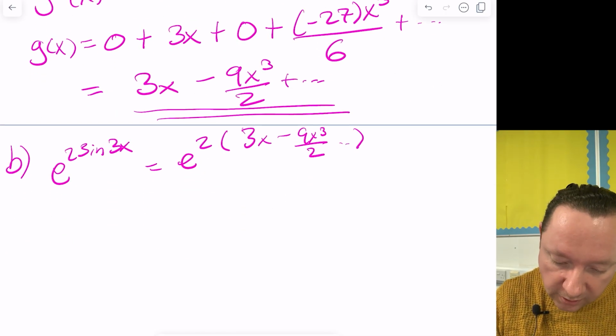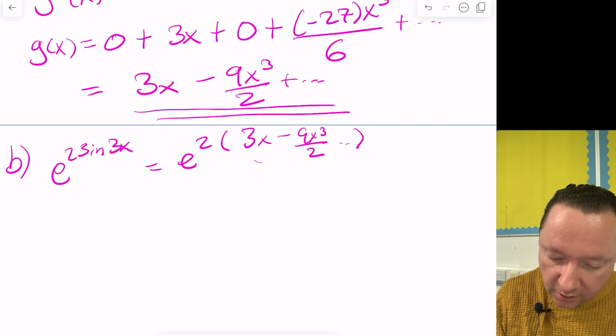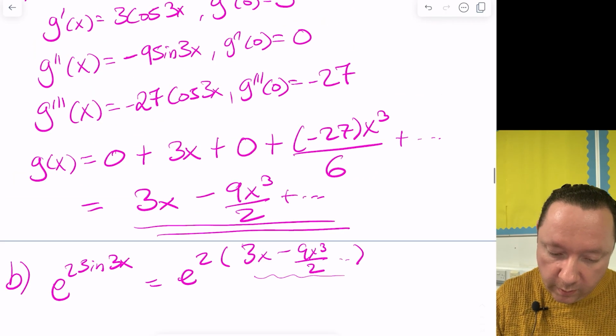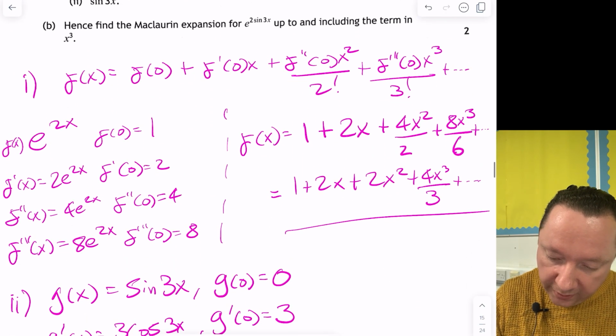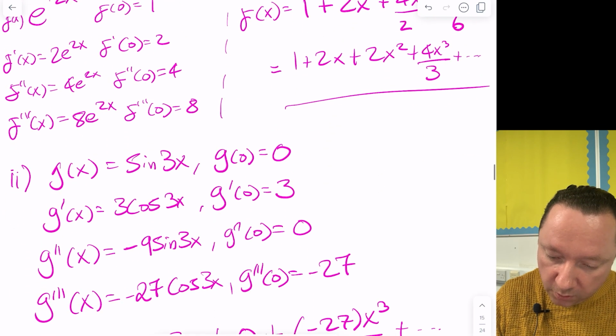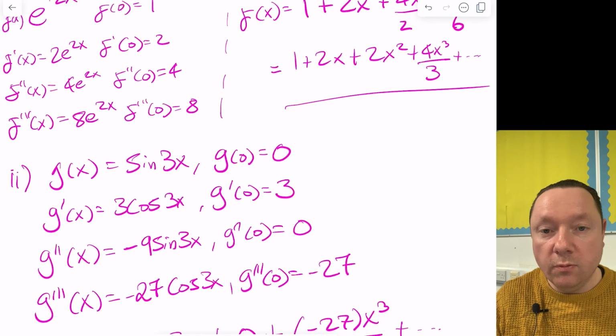So then it says e to the power 2 of that. Well, imagine that as like a variable x or y. We know e to the 2x from up here, so we can just use that: 1 plus 2x plus 2x squared plus 4x cubed over 3.